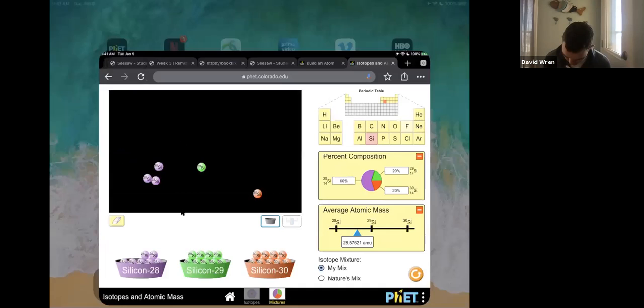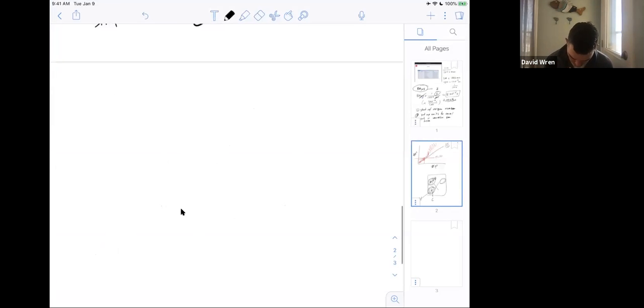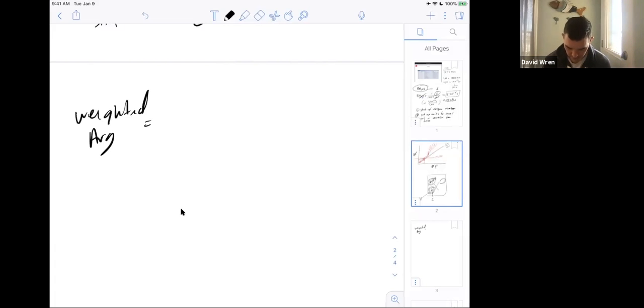All right. So then if we go back to our notepad, weighted average atomic mass is equal to, so for silicon, since we remember those numbers, we have three. I'll write it out mathematically, and then we'll summarize.